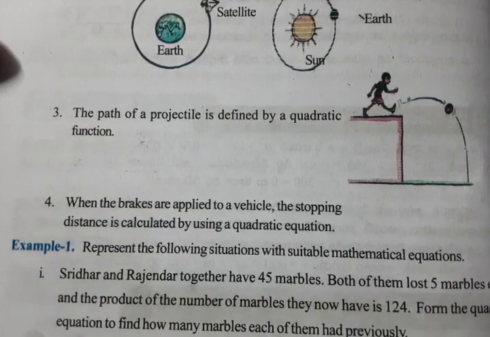The satellite is moving around the Earth, and the Earth is moving around the Sun. So the path of the projectile is defined by a quadratic equation.